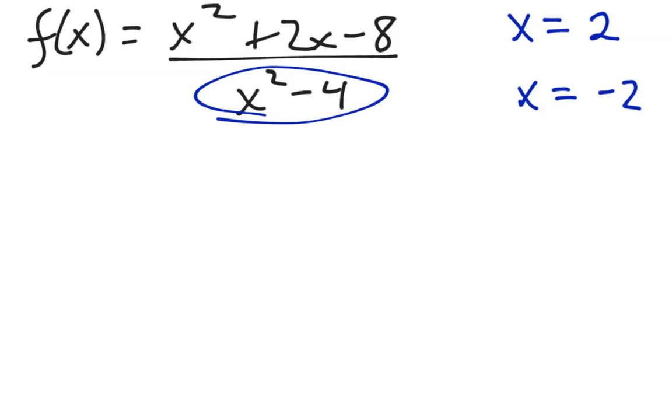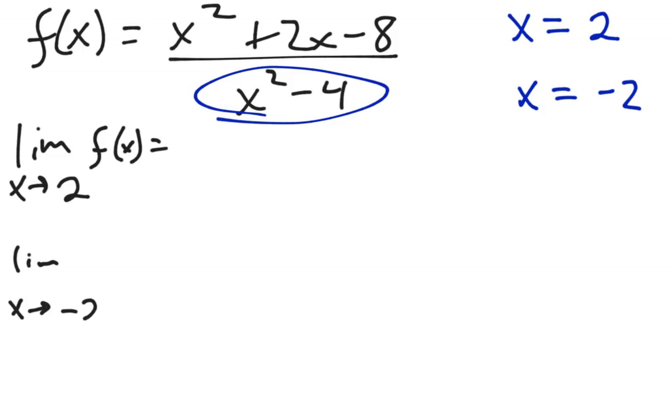Great. Now, I'm going to ask two questions. The first one is, what is the limit as x approaches 2 of f of x? And the other question is, what is the limit as x approaches negative 2 of f of x? Just to highlight the difference between these two things. Well, I guess we could factor this.